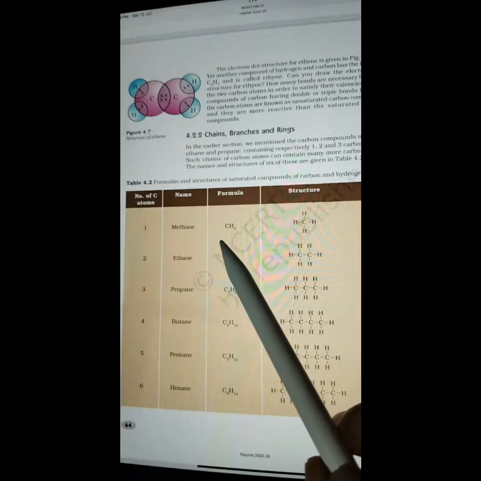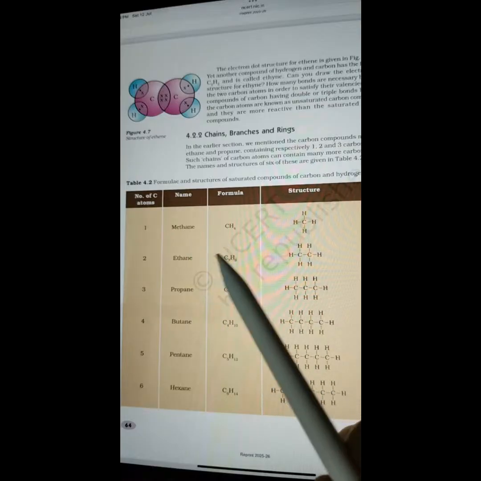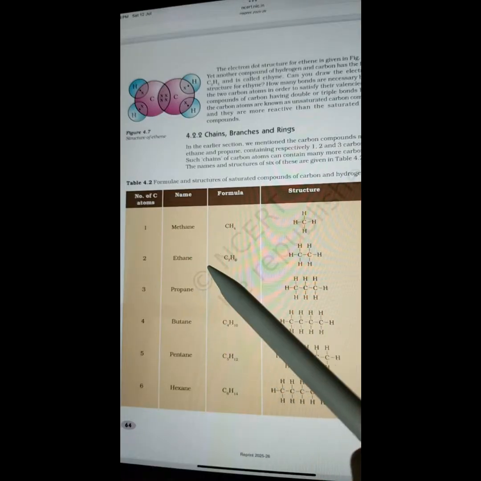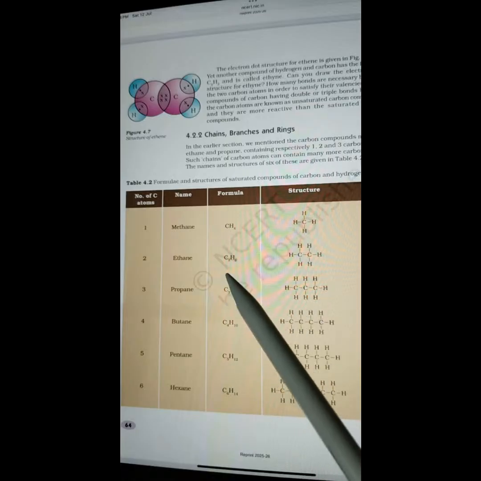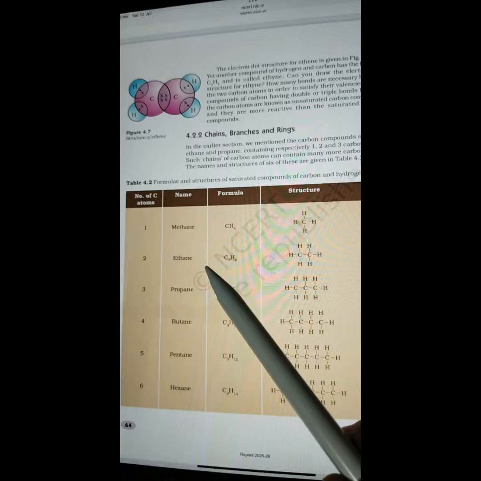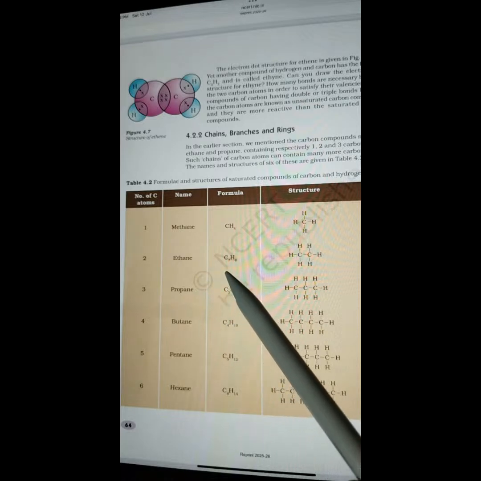So the formula for methane is CH4, but when you move to the next member of this homologous series, you need to add CH2. So when you add CH2 to CH4, it becomes C2H6. Similarly, again, while moving from ethane to propane, you need to add CH2, so it becomes C3H8.